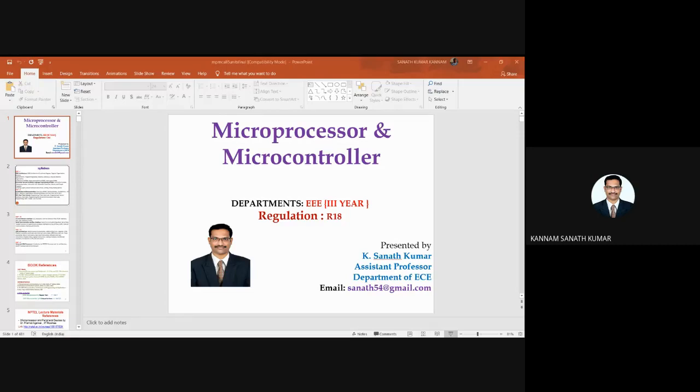You will also study serial communication standards and modes of transfer. You have two types of communication: synchronous and asynchronous. And you have onboard communication, so we study I2C, SPI, UART, and external communication interfaces like RS-232. Till here you will study the 8086 microprocessor and 8051 microcontroller.